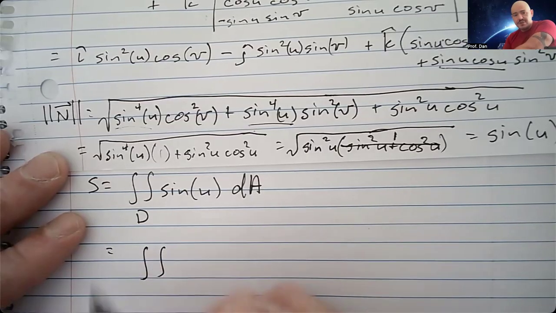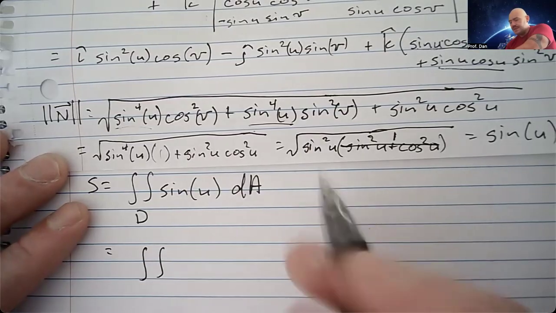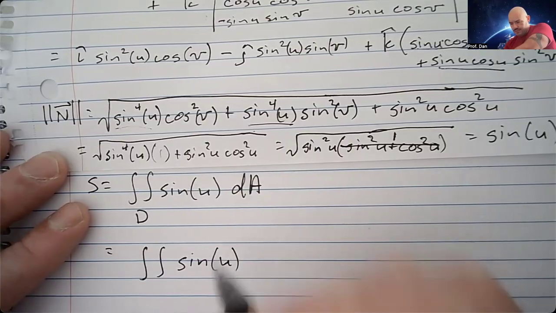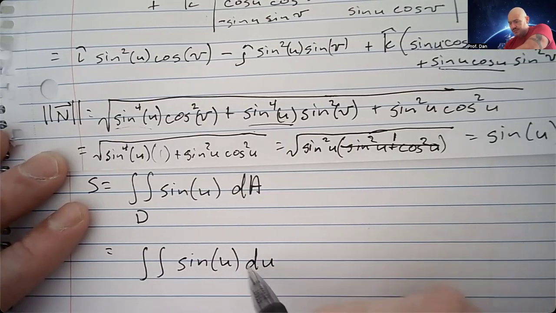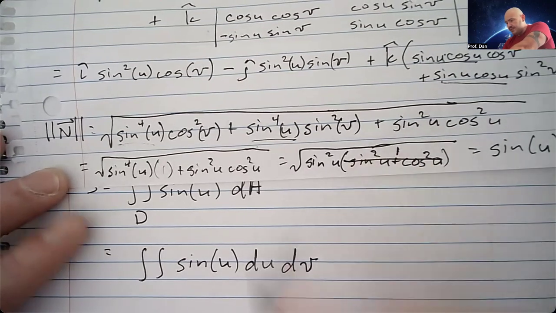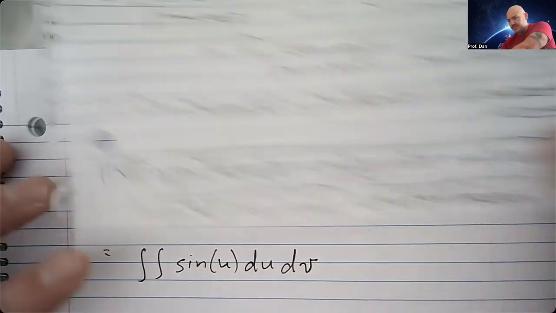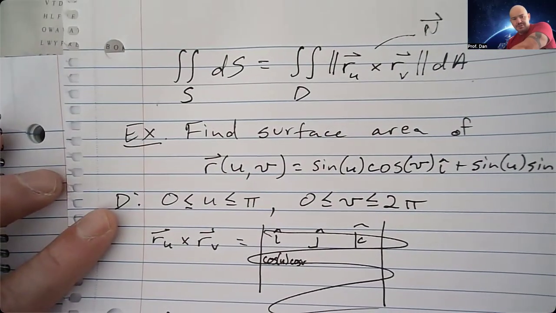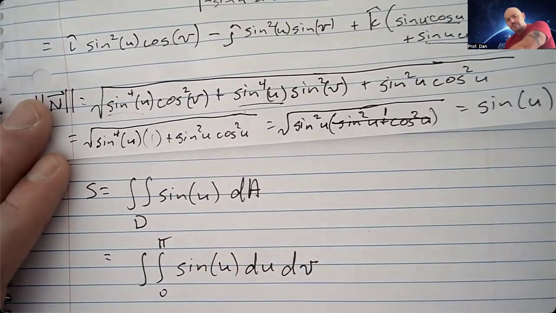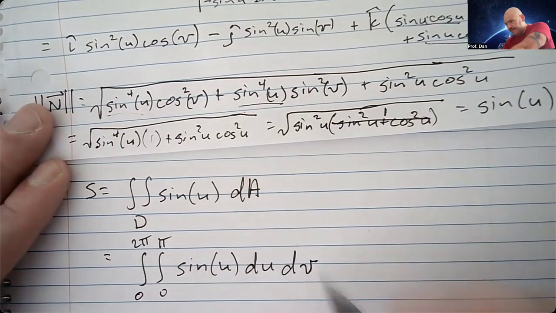It doesn't matter as long as my bounds match up with my differentials. So if I decide to get the annoying part out of the way and do du first, then I would need the inner integral to have bounds that are values of u. And we know based on the information we were told at the beginning that u is between 0 and pi, which means that v will go from 0 to 2 pi.